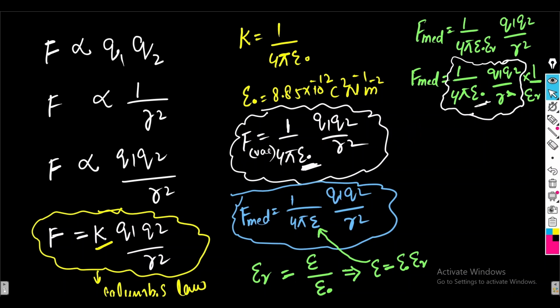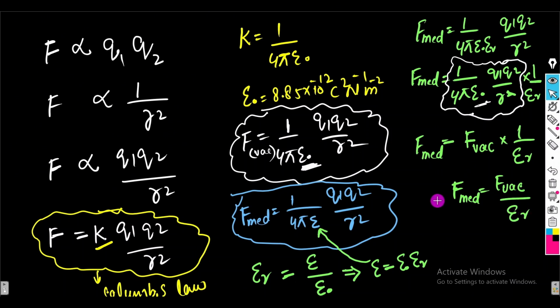So F medium is equal to F vacuum multiplied by 1 over epsilon r. So the final equation becomes F medium is equal to F vacuum divided by epsilon r, and this is the final equation of the force between the charges in any medium.